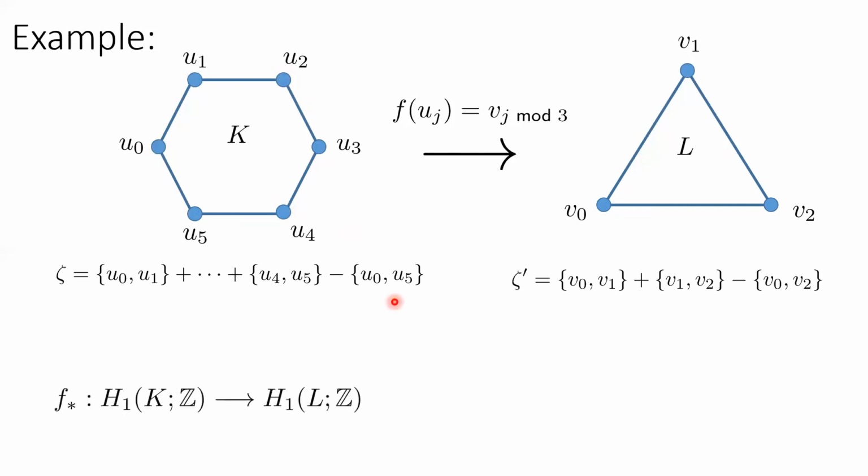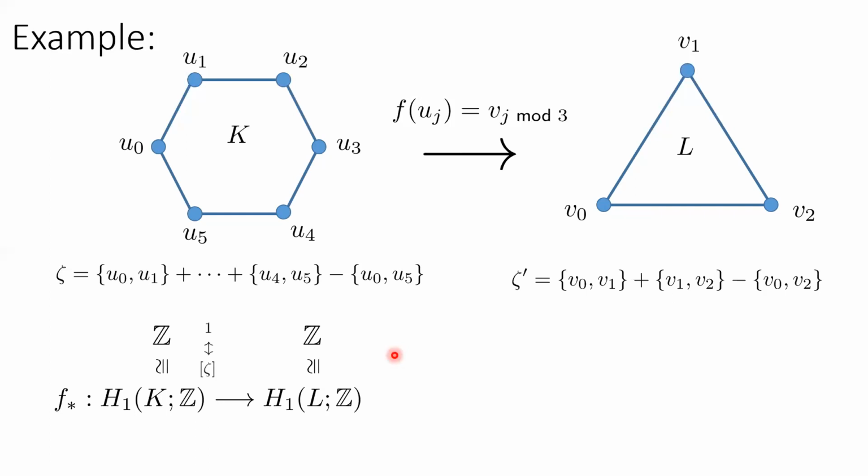So let's look at the F star map at the level of homologies. We already did the case of integers. We did it before in a previous lecture. And it is useful to remember again how the story goes. So both of these homologies turn out to be isomorphic to Z, the integers.